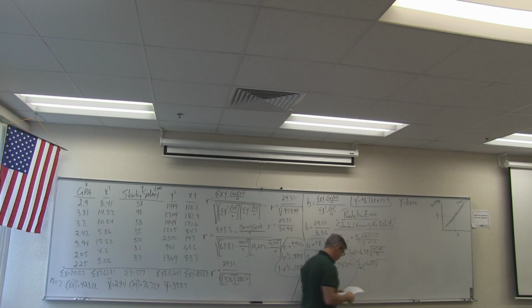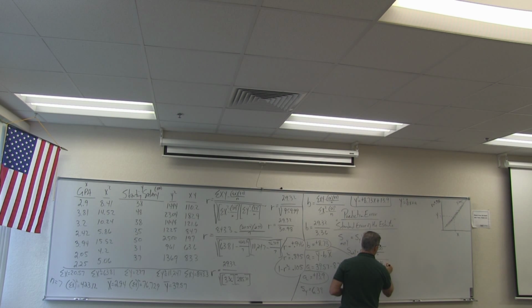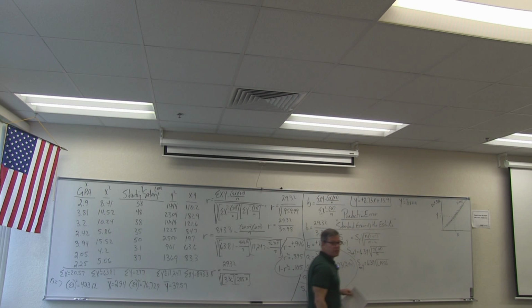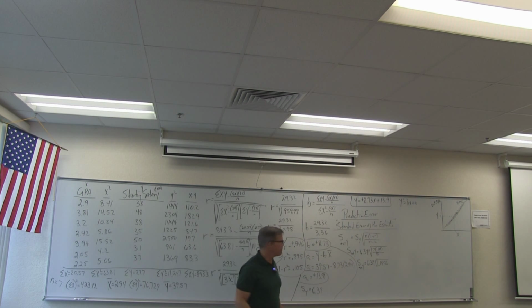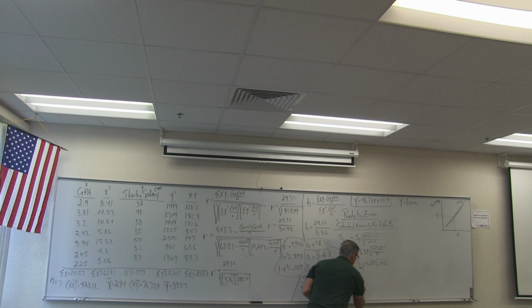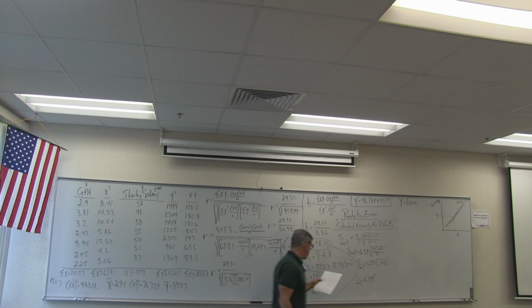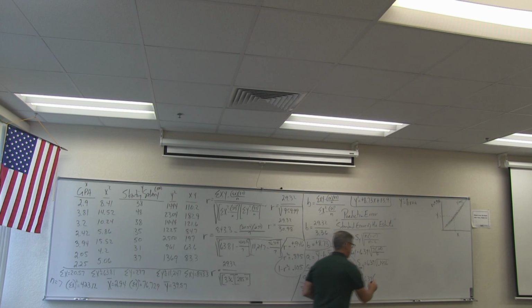This times this divided by this is 0.1456, or something pretty close. The square root of 0.1456 is 0.3816. The standard error of the estimate in this case is 2.44.